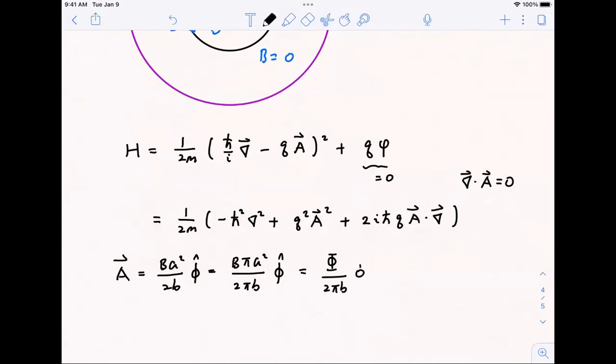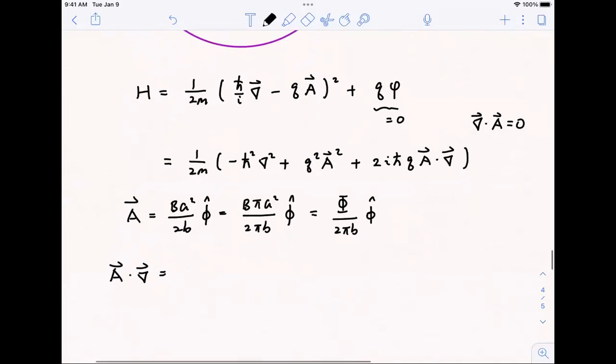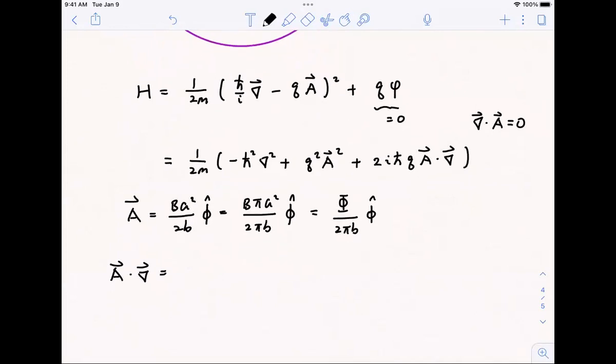And later we'll show you that the result depends on the flux. So we just use the flux in this way. Okay, so now let's consider this term, A dot gradient. We're going to use this relationship.